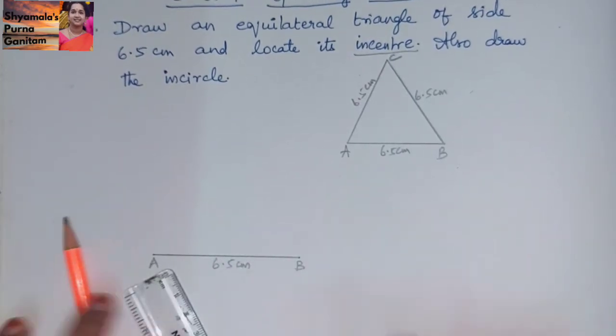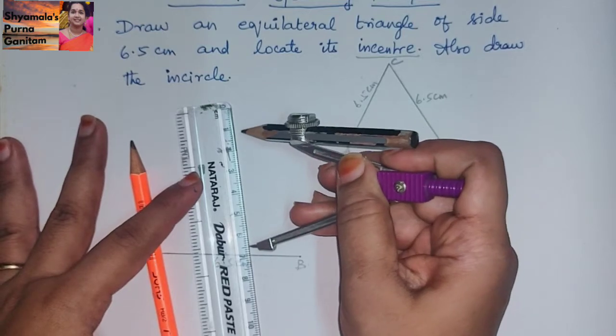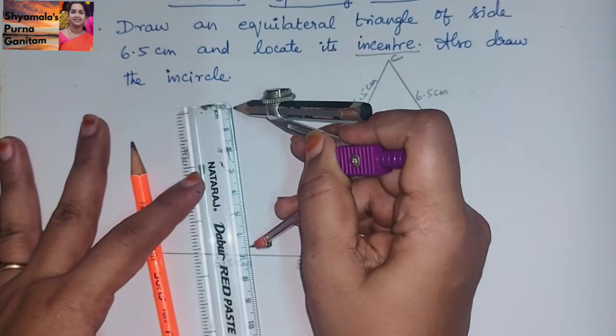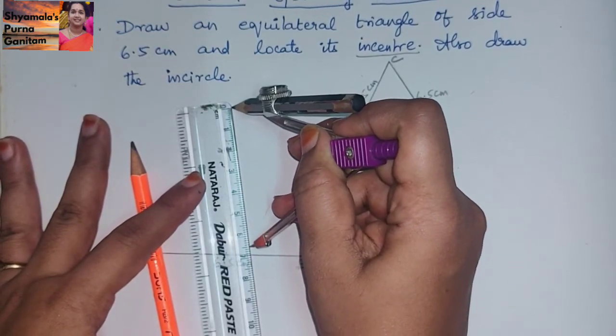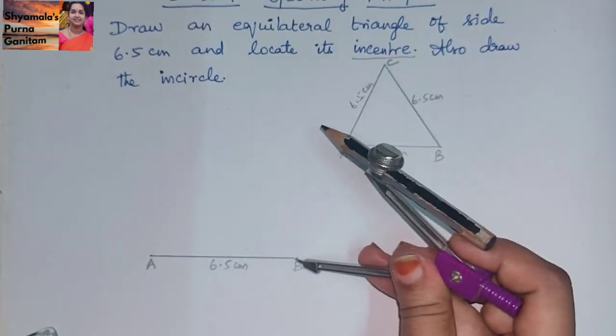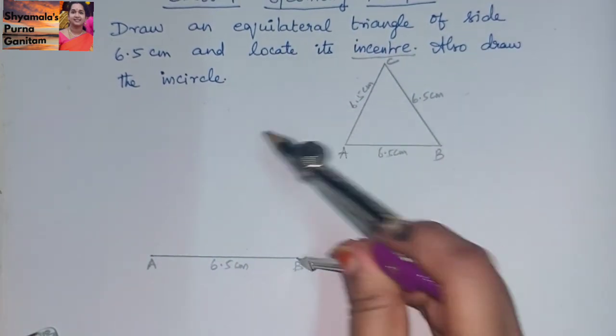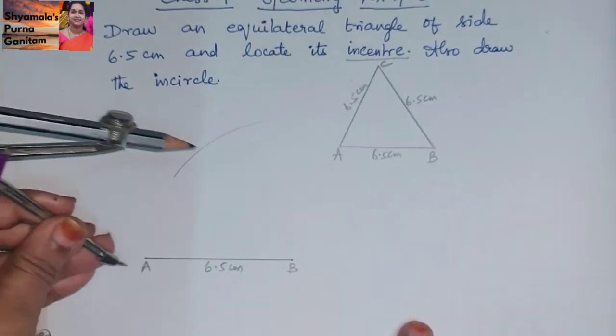Then we'll take 6.5 centimeter in the compass. Then with B as center, cut an arc.